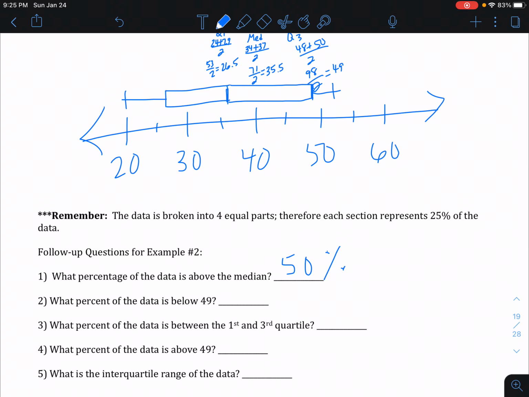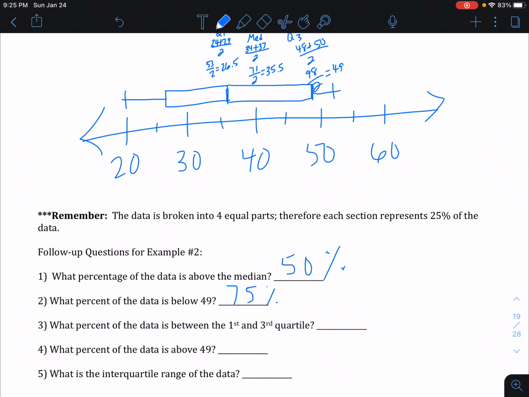So 49 is at the third quartile. There are 3 sections to the left, 1, 2, 3. So that would be 25, 25, 25, which makes 75. So 75% of the data is below 49.